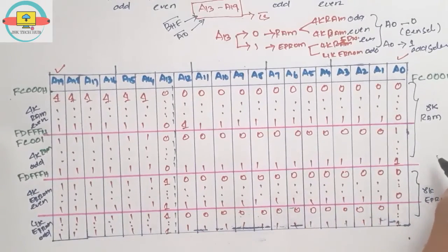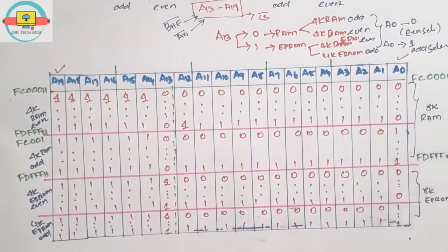The starting address of the 8 kilobyte RAM starts from FC000H and it ends with FDFFFH. The intermediate address ranges lie between these hexadecimal values.